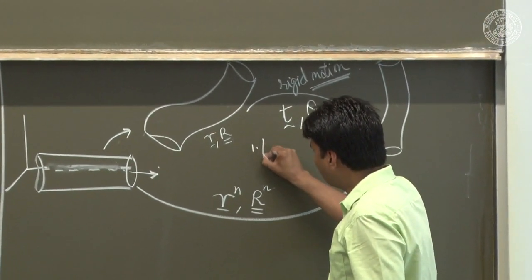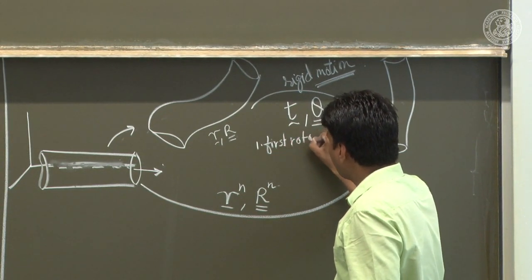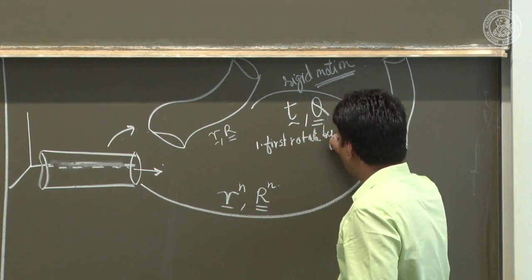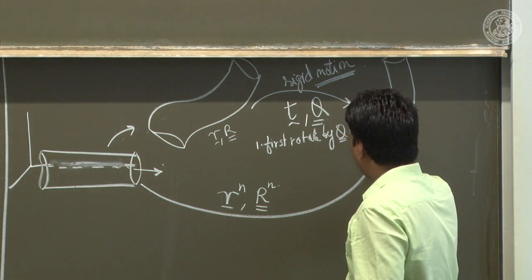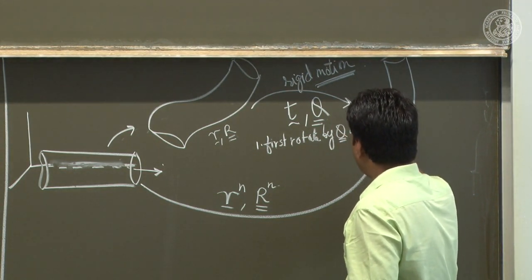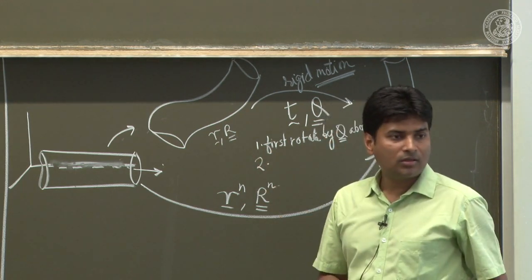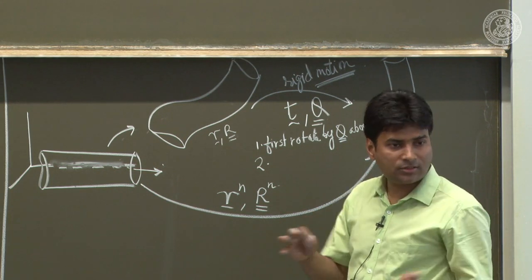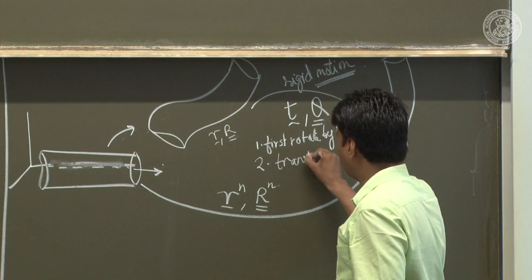So, I will say first rotate by q about x naught, and then, having done the rotation, you translate by t.